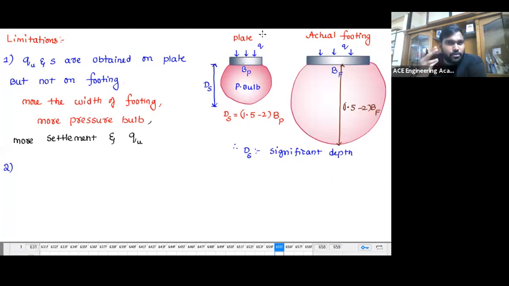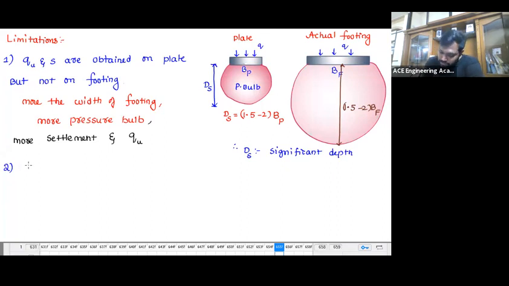So you tell me, is this test going to be suitable for clay soils? No, this test is not appropriate for clay soils.